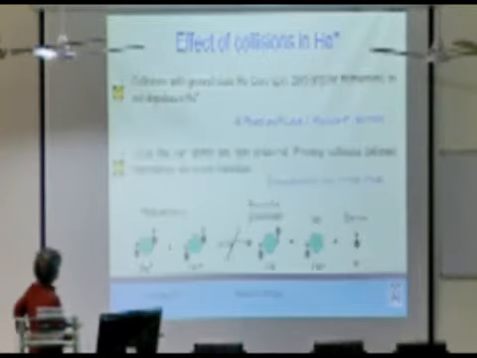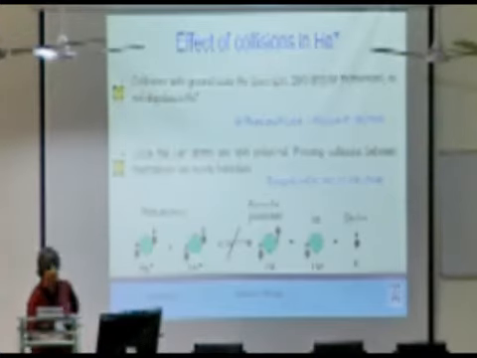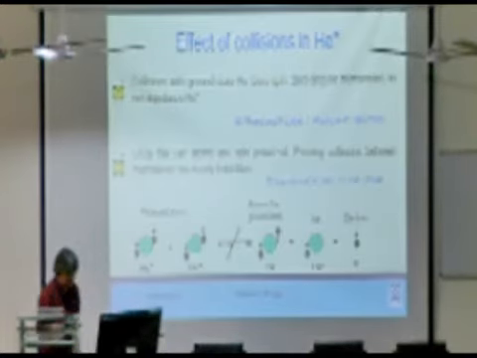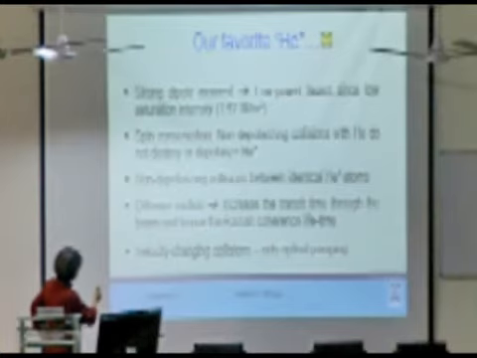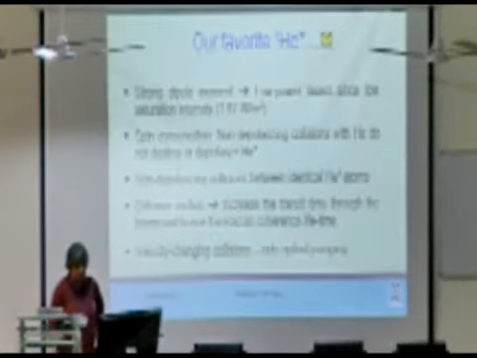The second property is that once the metastable atoms are spin polarized, Penning collisions between themselves are nearly forbidden. That doesn't happen. The details are not the subject of discussion today, so I give you the references if you are interested in figuring it out. So we essentially used these two remarkable properties of collisions in helium-4 and then added our own understanding of what is going on, and that's what I'm going to spend 1 minute on.